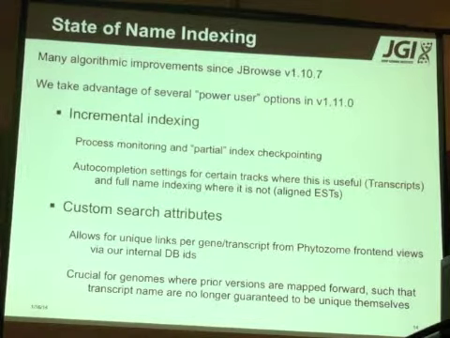Since this is still a serial process, we now have the idea of incremental indexing, so you're not just sending an entire genome worth of data to the indexer. You can index each track in turn, and that's really nice because the support tracks that do change from release to release are really only a certain few classes of them.